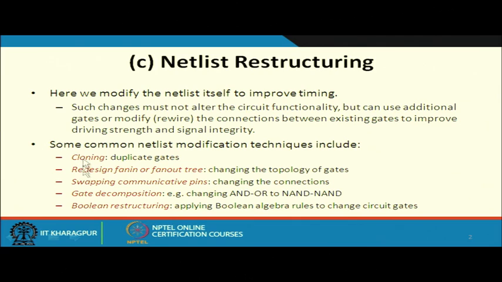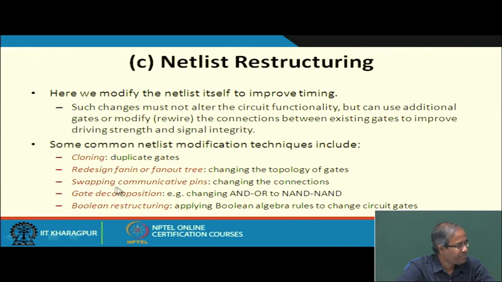This list is not exhaustive. Some of the very common netlist modification techniques are as follows: cloning, which as the name implies, is some kind of duplication. Here we duplicate gates. We can redesign fan in or fan out tree networks.